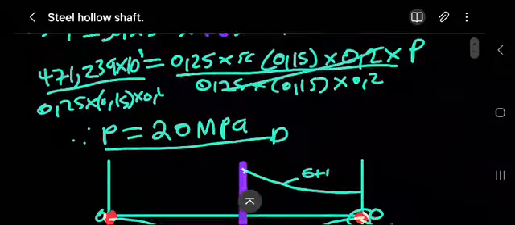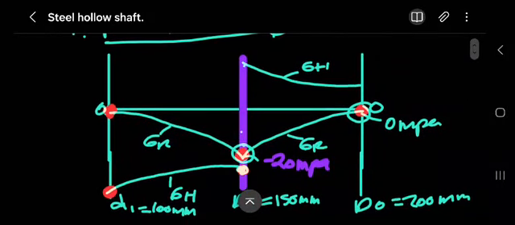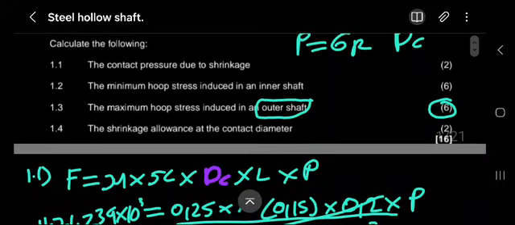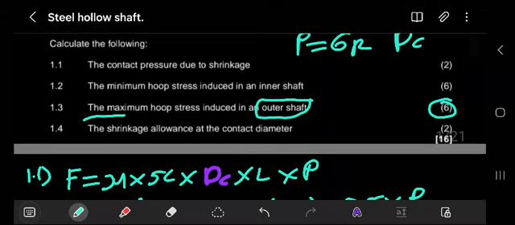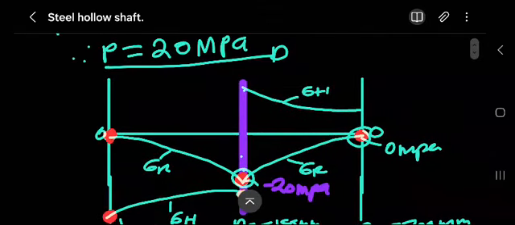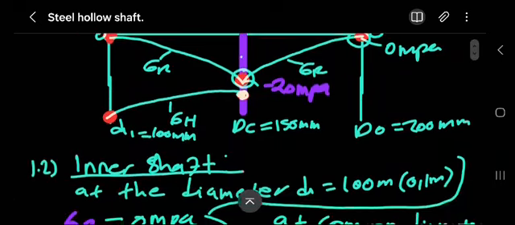Then that stress must be positive. Then that hook stress must be what they want, the maximum. Say the maximum hook stress at the outer. Maximum takes place where? At the smallest diameter. As you can see the graph, this will be maximum since it's still a common diameter, which is 150.